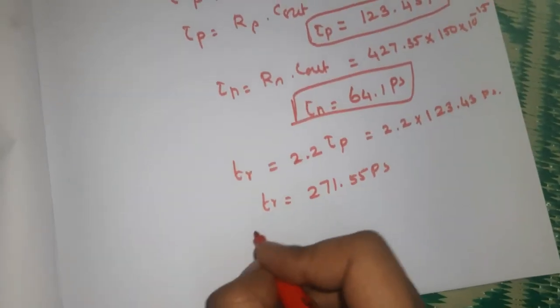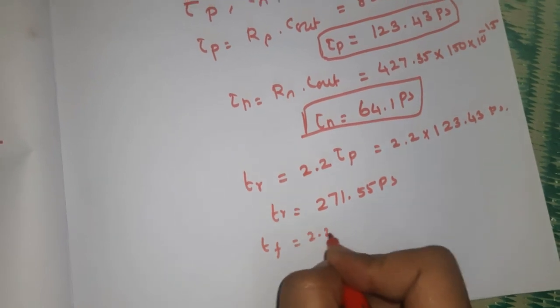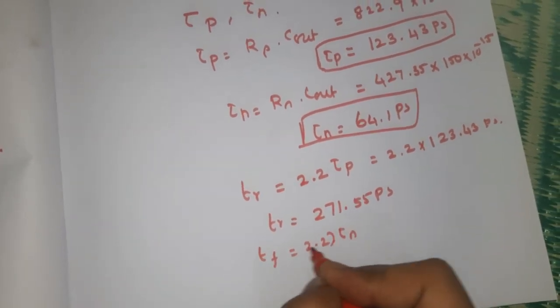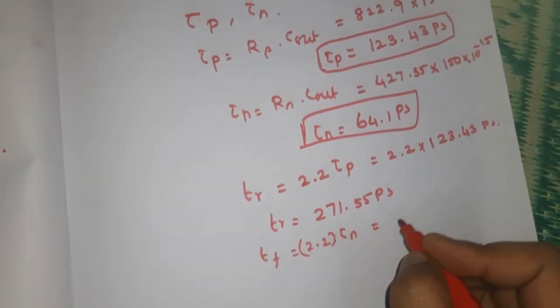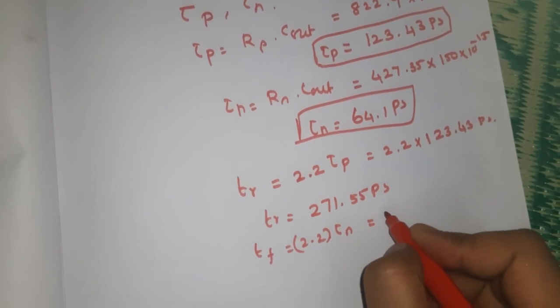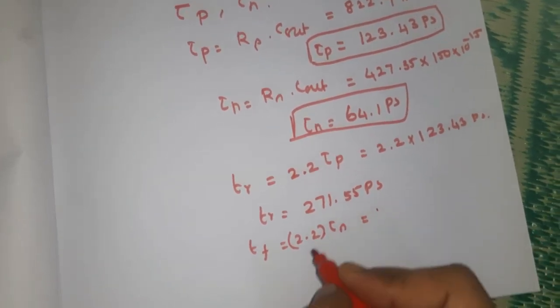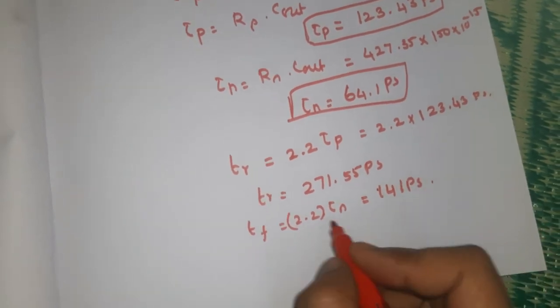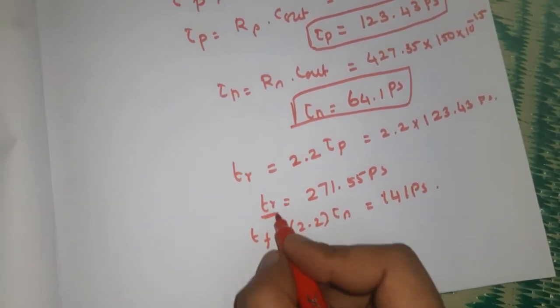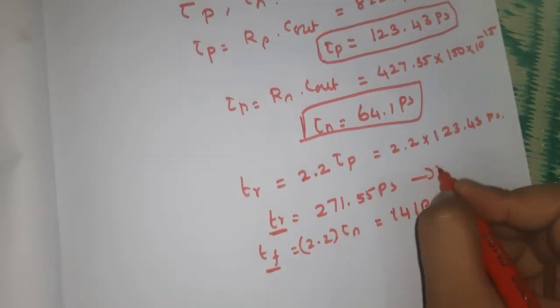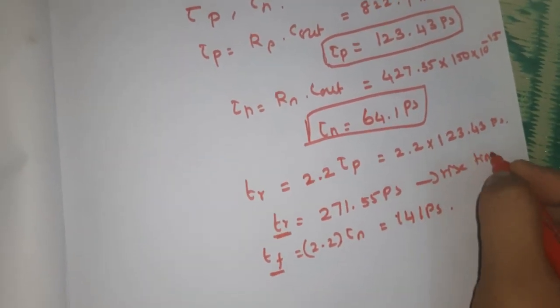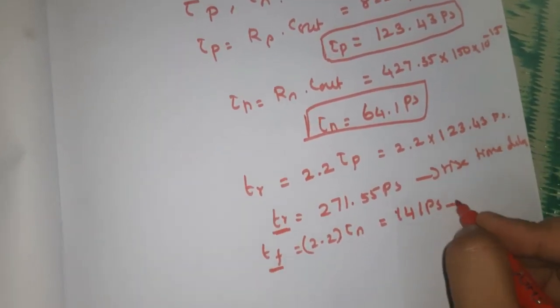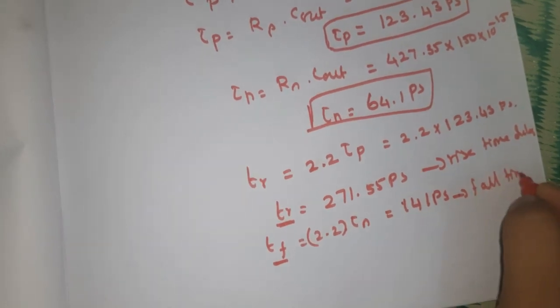Similarly we will get TF, that is equal to 2.2 tau N, so we will get this is equal to 141 picosecond. So now we have rise time and fall time. So this is rise time delay, and this is fall time delay.